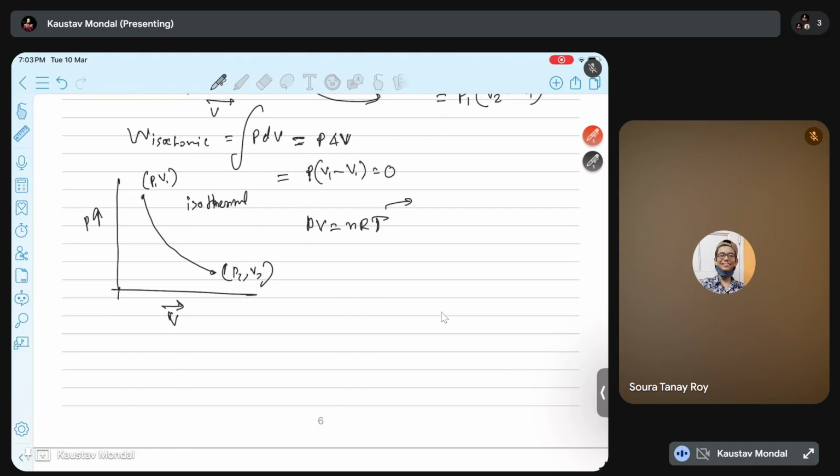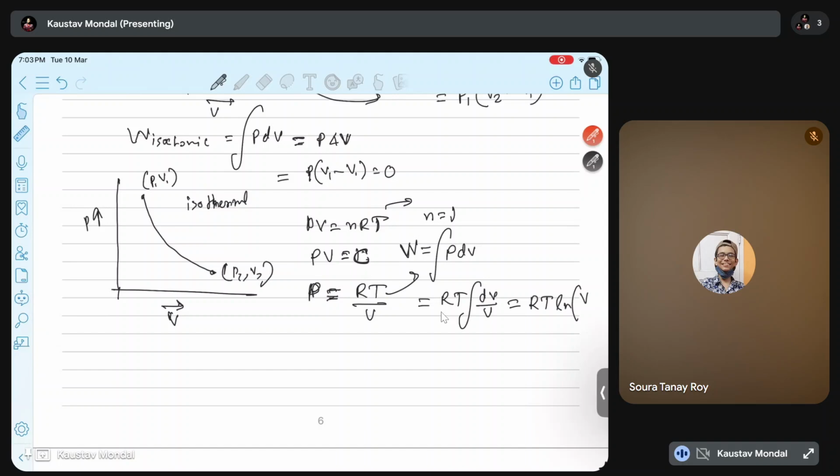Since temperature is fixed, and let's suppose the gas is 1 mole, n equals 1, so PV equals some constant, let's call it C. From the work done expression PdV, we can write P as a function of volume: nRT, or just RT since n is 1, divided by V. Substituting it here, it becomes RT dV by V, so it becomes RT ln V2 by V1.